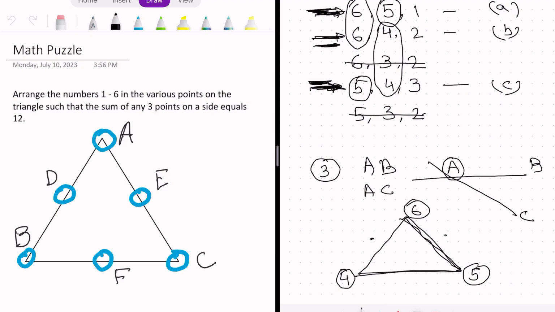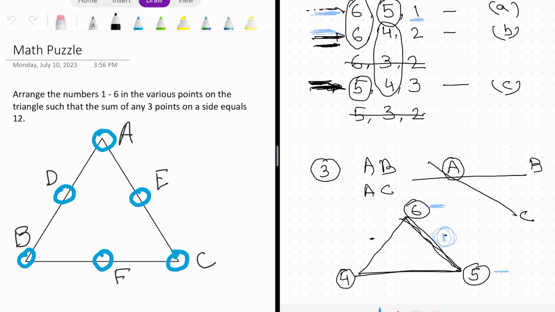Right? Now, let's look at the first line, which is 6, 5, 1. Here we have a 6, we have a 5, and the only other number it requires is the 1. So this has to be 1. Let's look at the next line, which is B, 6, 4, and 2.